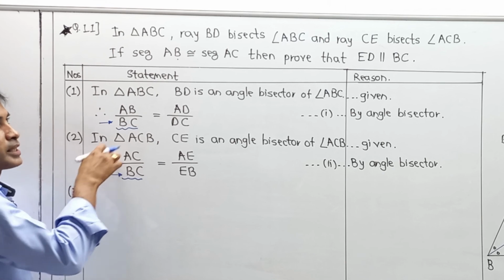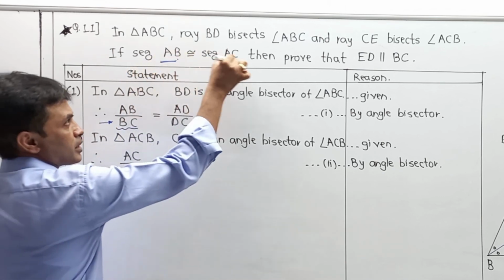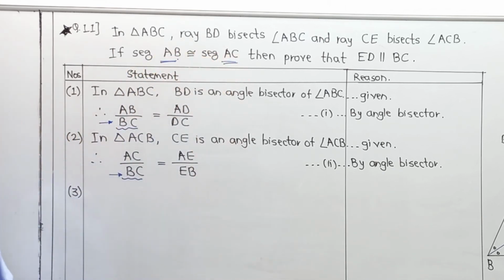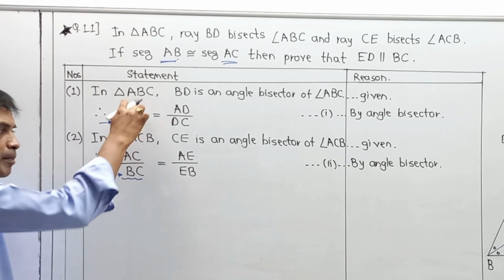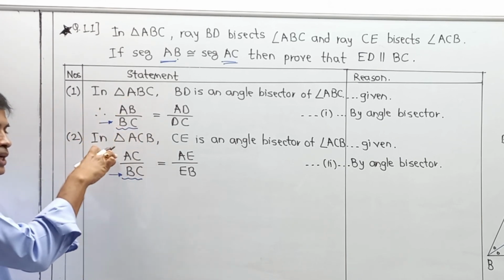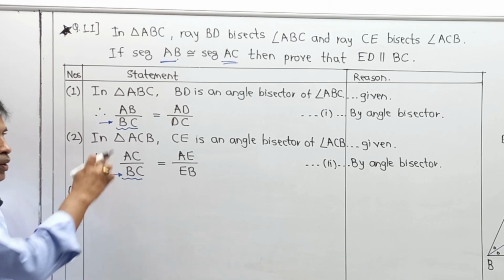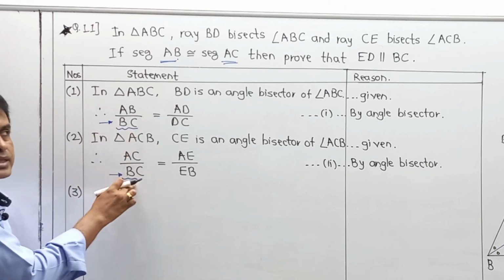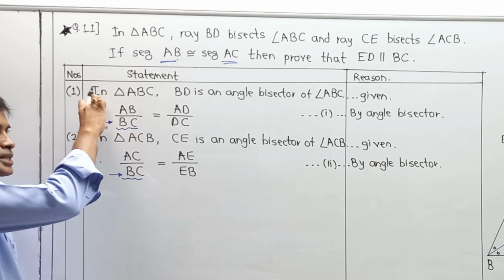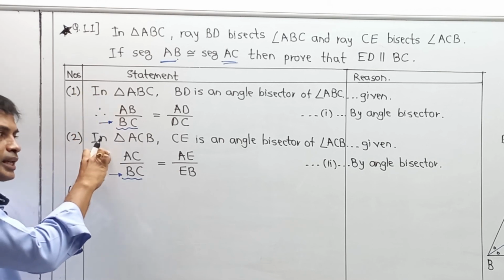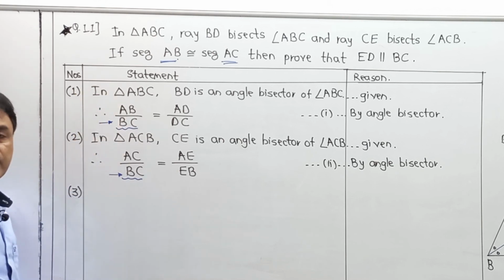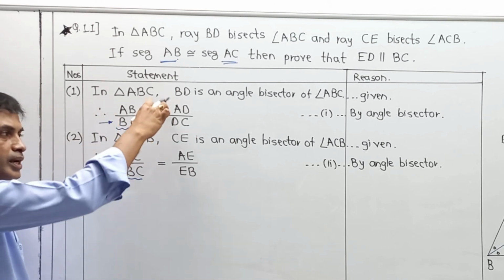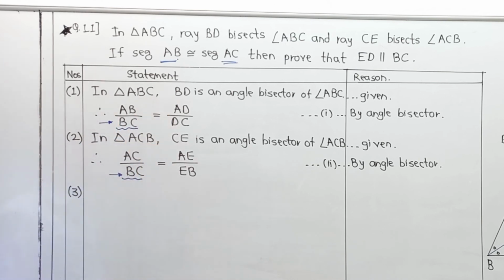But in the given, they have given AB is equal to AC. Now AB equal to AC means the numerator of this part is equal to the numerator of this part, and we already know that BC and BC is the same. So LHS, this AB upon BC, is automatically equal to AC upon BC. If LHS is equal, we compare RHS, and we will get the conclusion.